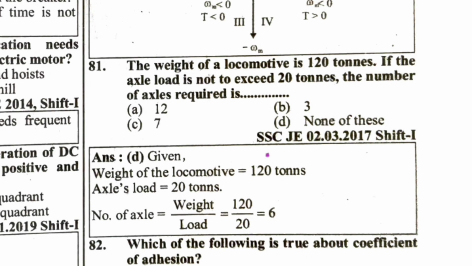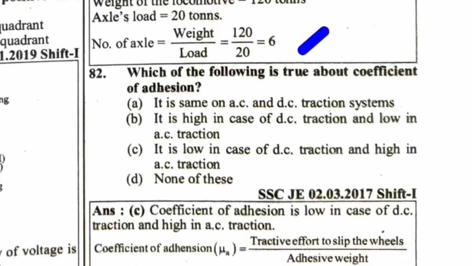If the axle load is not to exceed 20 ton, the number of axles required is weight by load. वेट है 120 और लोड है 20, तो 6 हो जाएगा, ठीक है 6.